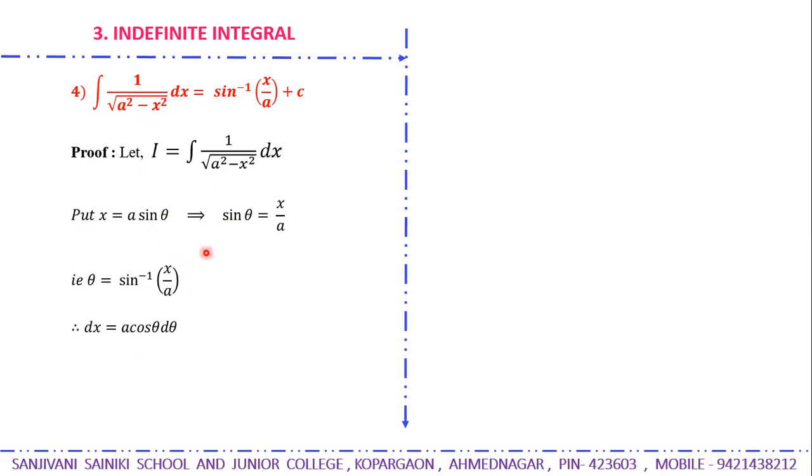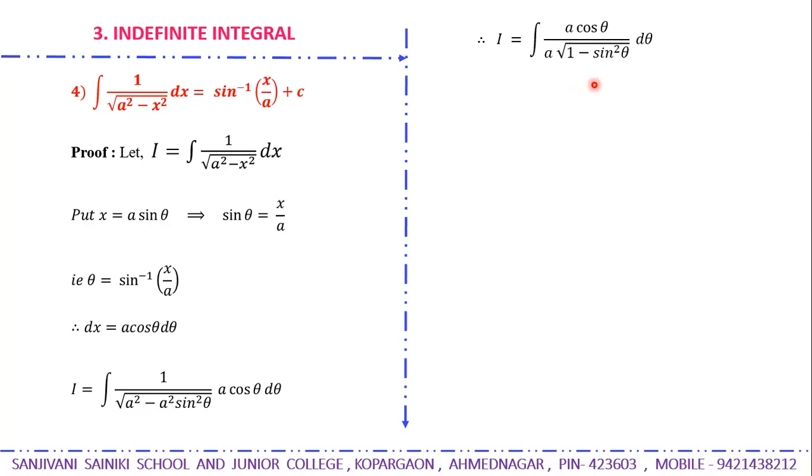Okay, so we'll put all those things in the integrand. I is equal to 1 upon root a square minus a square sin square theta into a cos theta d theta. If we take a square common from this, in the bracket I will get root 1 minus sin square theta, and then this a and a will cancel each other. We will get I is equal to cos theta upon cos theta, because 1 minus sin square theta is cos square theta and root of cos square theta is cos theta. So they cancel each other.